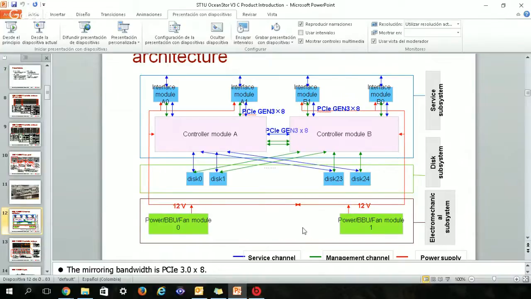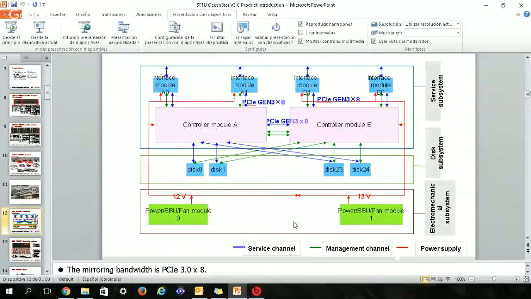The red lines are for power supply, the green lines are the management channel, and the blue one is the service channel. The black one is the electromechanical subsystem, the green one is the disk subsystem, and the blue one is the service subsystem.